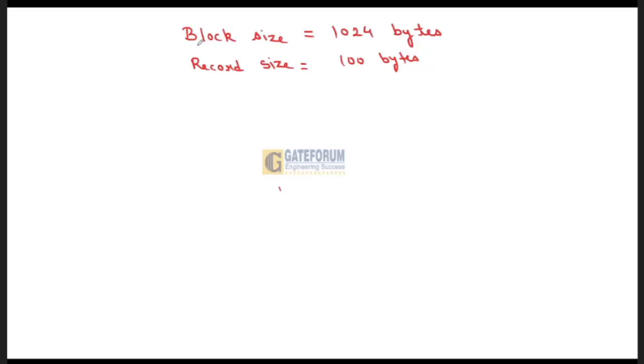Now you can see the block size is of 1024 bytes and record size is of 100 bytes. So in one block, how many records will come? So let us calculate the block factor. Block factor means in one block, how many records will come? So block factor is equal to block size divided by record size.